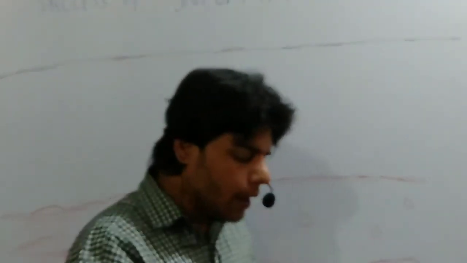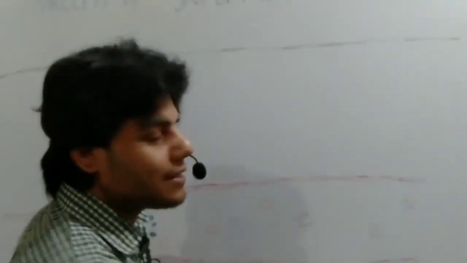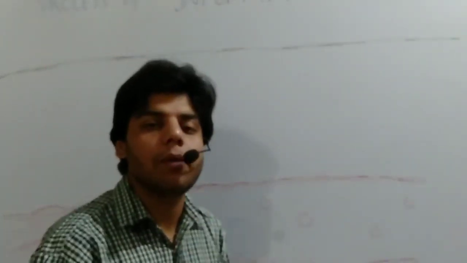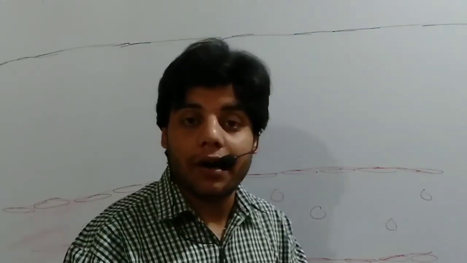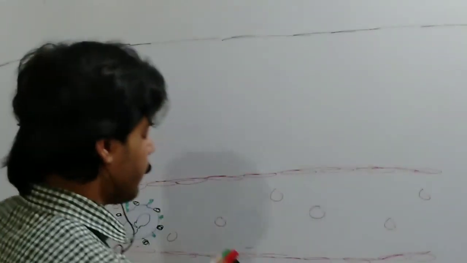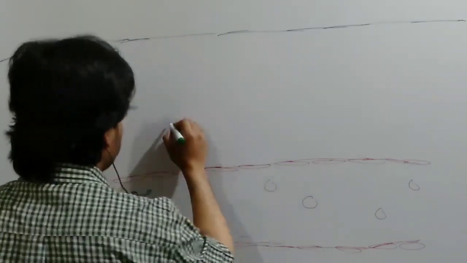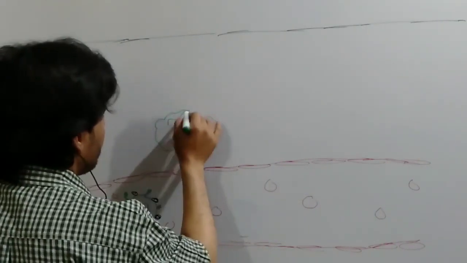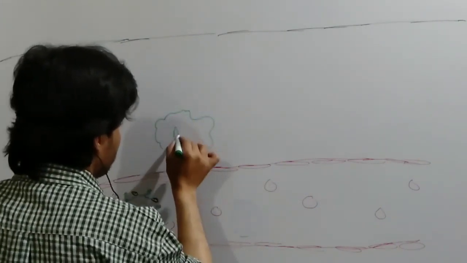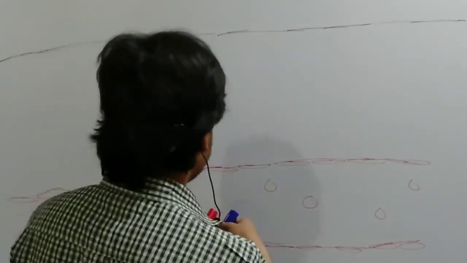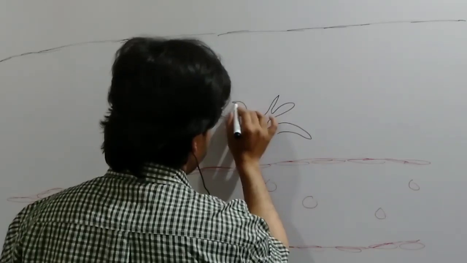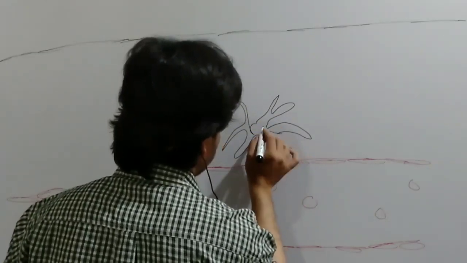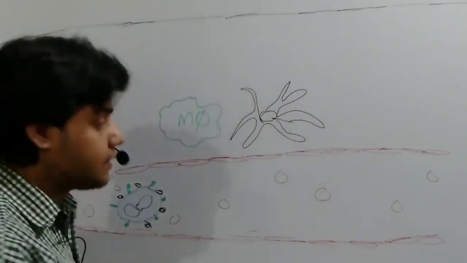Inside the skin, or inside the tissue, if you remember from the immunology lecture, tissue always contains dendritic cells and macrophages. So let me draw the dendritic cells and macrophages here. Let's say this is a dendritic cell.